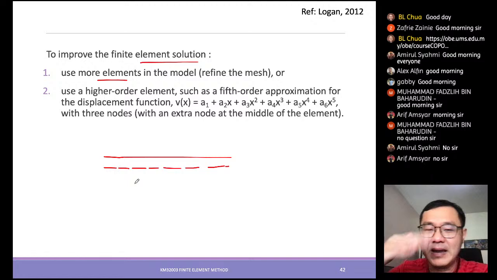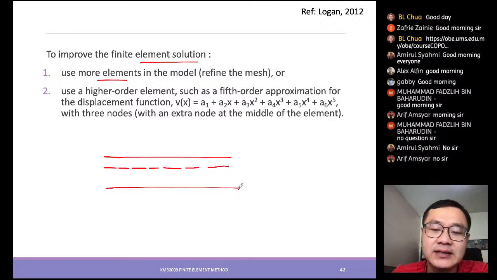On the other hand, you may also know that we can have a derivation for an element with a mid node. This is still one element, but with a mid node. By having this mid node, we call it a higher order element.